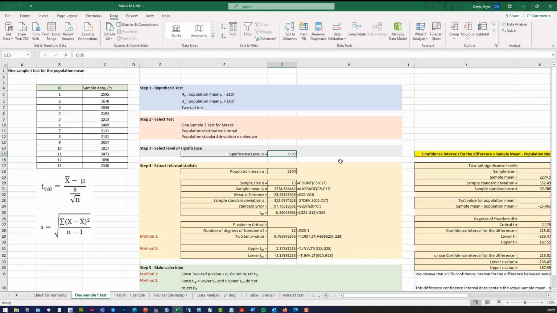So based upon the sample data being representative of the population, the mean is still 2,300. So that's the p-value method.